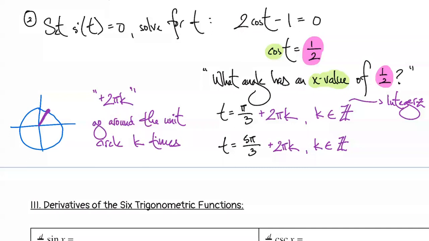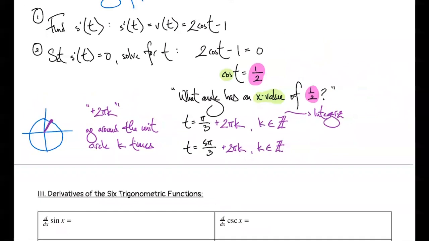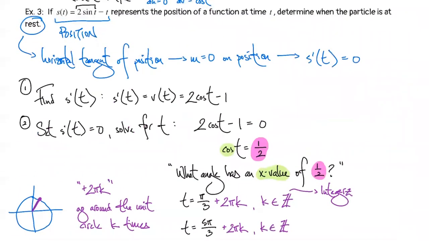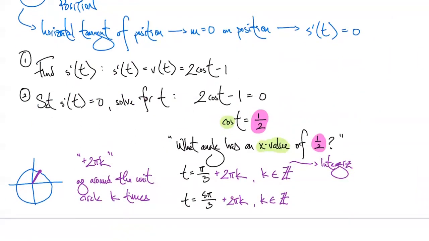Okay. Exactly. And because the question didn't say between 0 and 2 pi, it left it open-ended. We do want to compensate for that fact and say, I know you're saying we can go around the unit circle as many times as you want. So let's write it as plus 2 pi k, right?